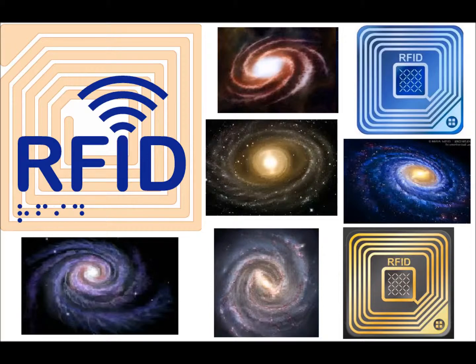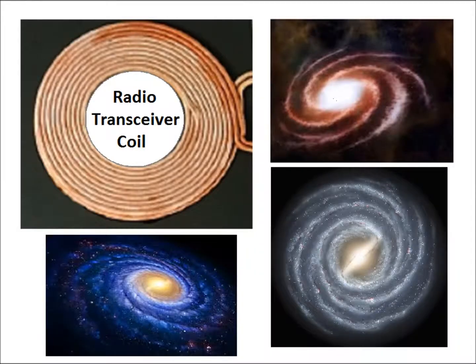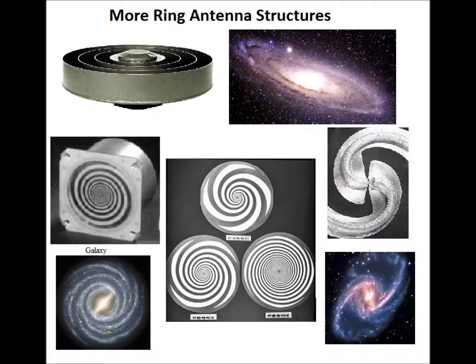These electromagnetic fields are also identical to those produced by radio frequency identification tags. The universe is made of a system of radio frequency identification tags, part of a system of rings inside rings inside rings inside rings, sensor rings, scanner rings, antenna rings.